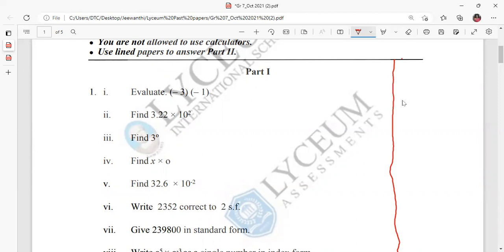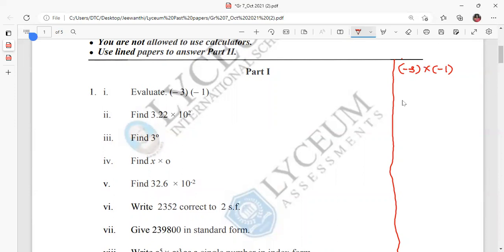Okay. So the question number 1, that Roman number 1, it tells about -3 and -1, but they have not given anything in between, whether I want to add them, multiply or divide. Is it a printing mistake? No. You know that when you have 2 brackets like this, in between those 2 brackets, it tells us to multiply these 2 numbers, right?